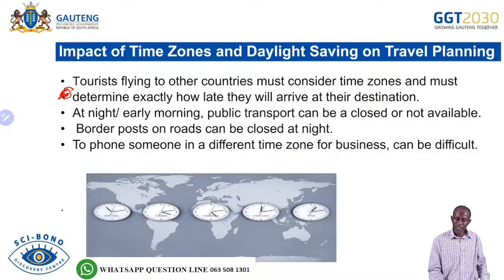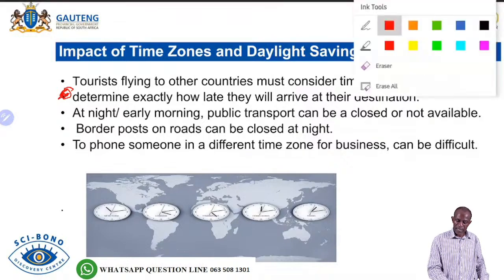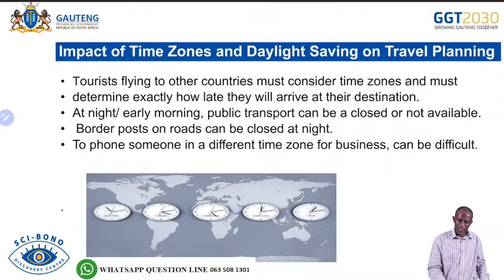So it becomes difficult for you to cross certain borders at night. Therefore, you should be aware of such and plan to arrive at the time when the border posts are still open.